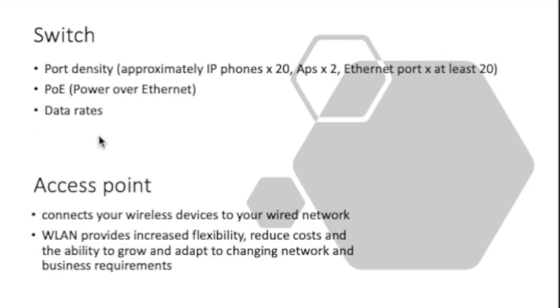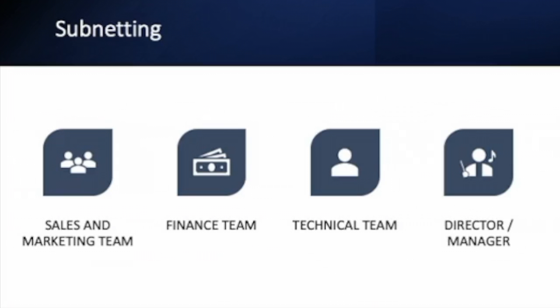And also data rates. Next is the access point, a device that connects wireless devices to the wired network. It increases flexibility, reduces costs, and gives the ability to grow and adapt to changing network and business requirements. Next, the company may want identity and access management for a network administrator to identify each individual and their specific roles in a system.